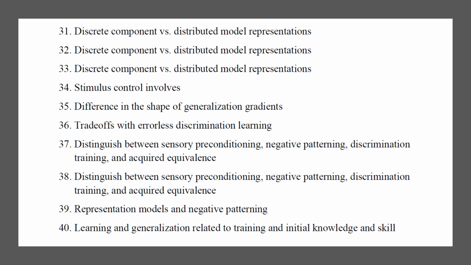So the first one, it's going to describe one of these types of learning paradigms, and will ask you how the testing phase would go, what you should see. Is that just for 37? That's 37.